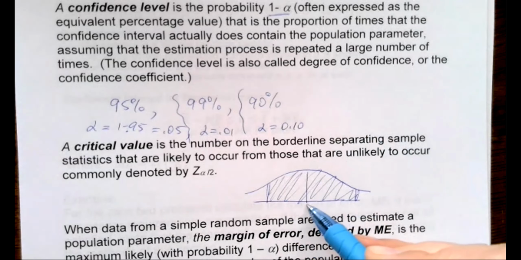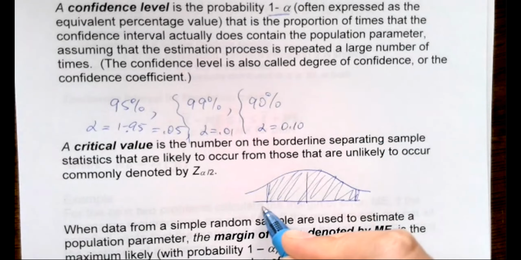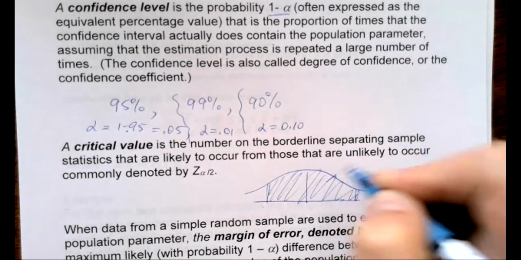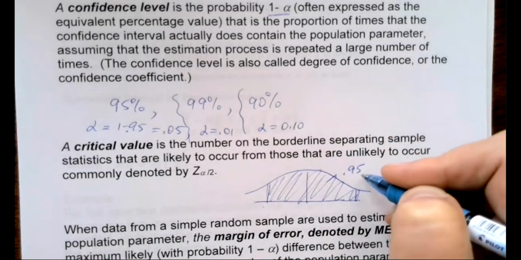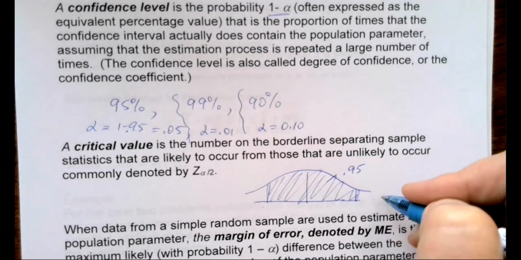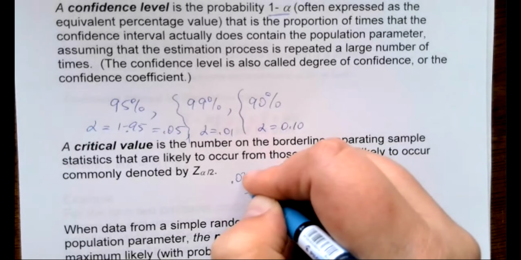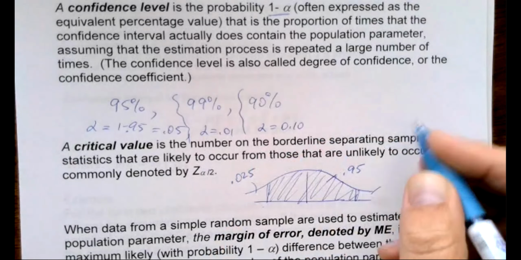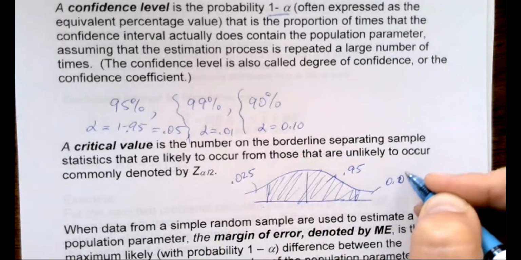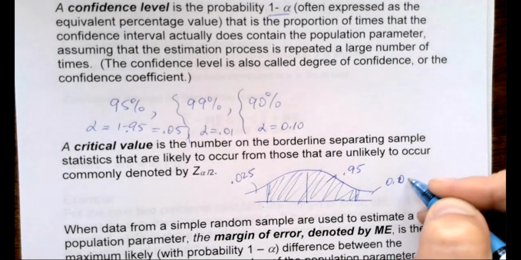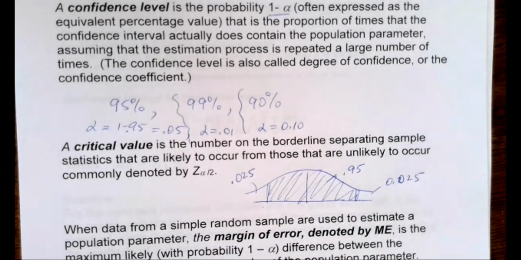So we're going to have this cutoff value here. If we have 95% in the middle, that means that we're going to have 5% in the ends of the distribution, so 2.5% in the left and 2.5% in the right end.